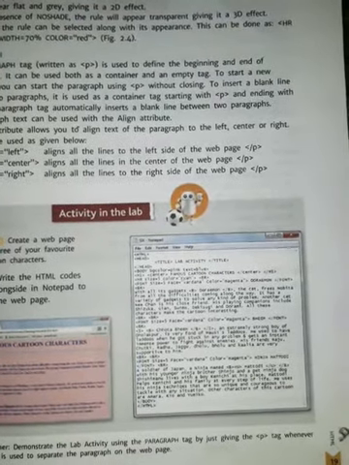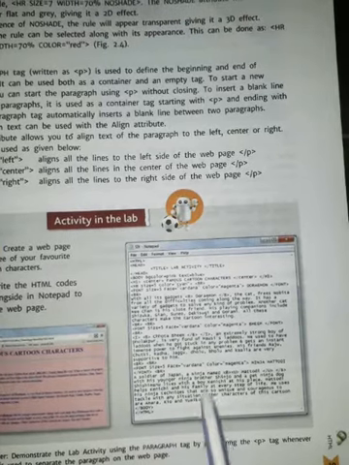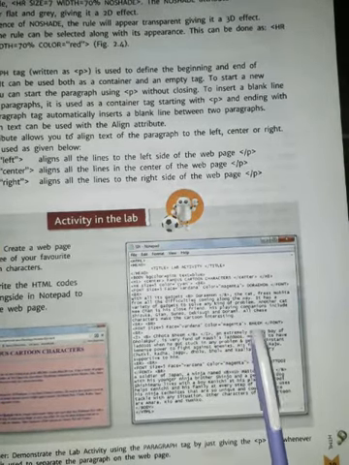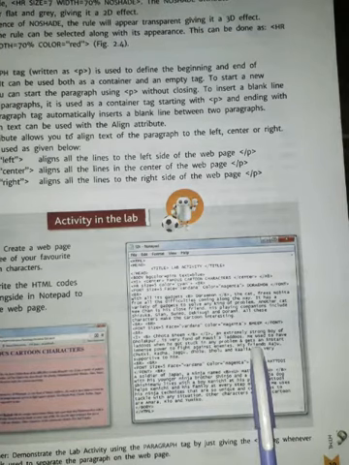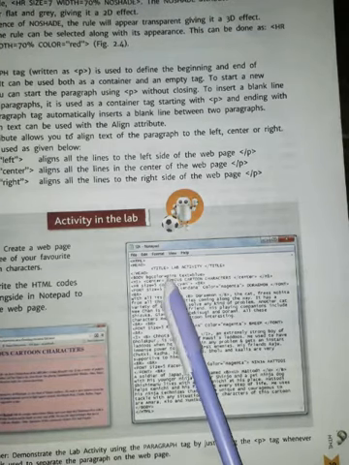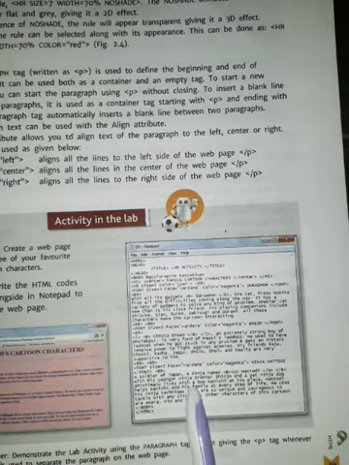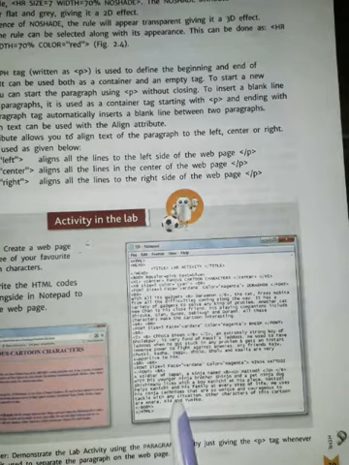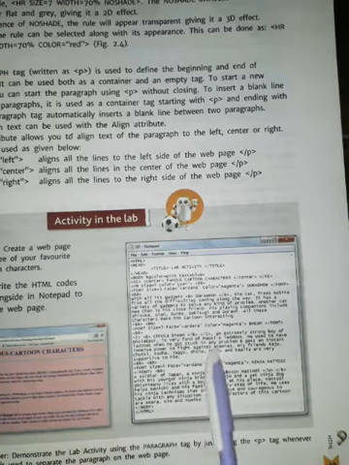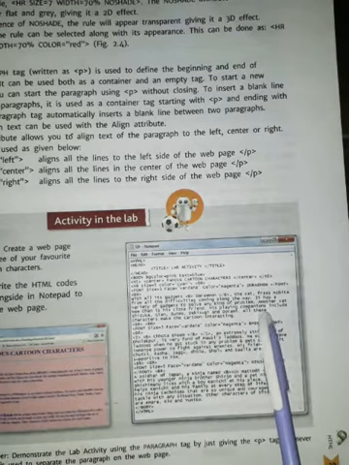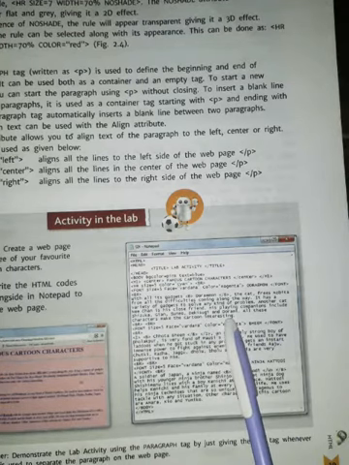Here you can see an example of this coding in Notepad. This shows the uses of different tags, and this is our code. For paragraphs we use the tag to give each paragraph separately. If we use more than one paragraph, then after every paragraph we put the p tag.